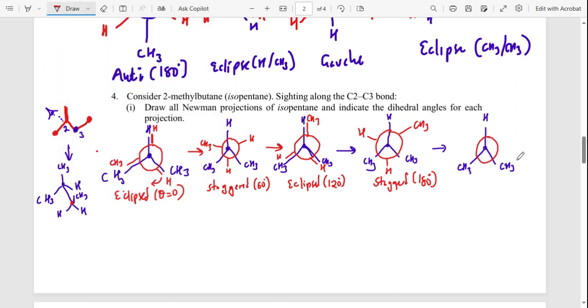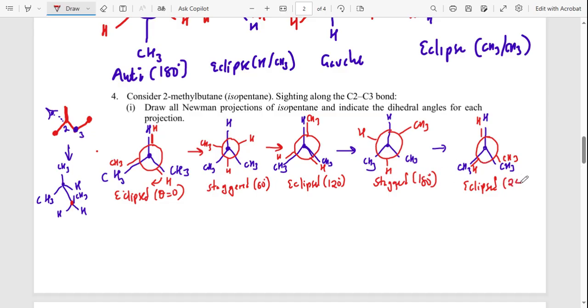This CH3 that is here is now going to come here. This hydrogen will now come there. And then this hydrogen will now come here. This is another 60-degree rotation. So 180 plus 60. This one is an eclipse configuration. Okay. Another 60-degree rotation from 180.